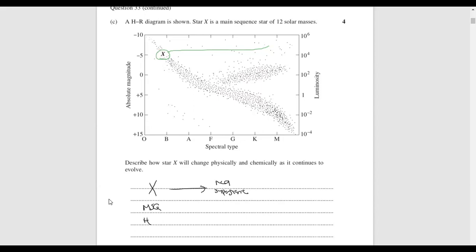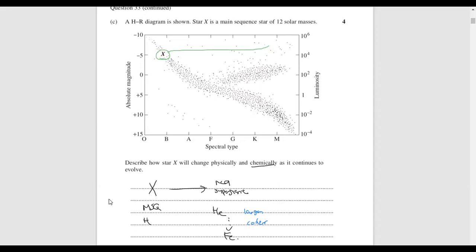It's going to become a red supergiant because it's going to run out of hydrogen, and that means you're going to start fusing helium, and ultimately towards iron. There are a lot of various steps that get there, and that's the chemical aspect. In terms of physical size, it will become larger and cooler.